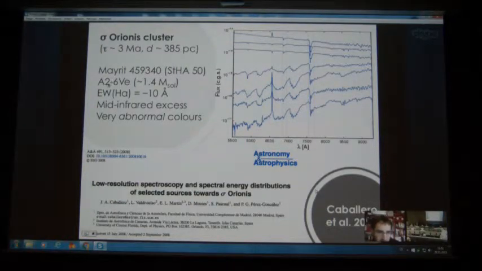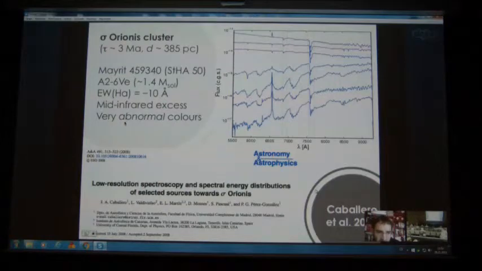It is an early A star with emission lines. This is H-alpha emission. H-alpha of -10 in an early A dwarf is a lot, is huge emission. And we are talking of about 1.4 solar masses. Besides, it has mid-infrared excess, which means that it has a disk.